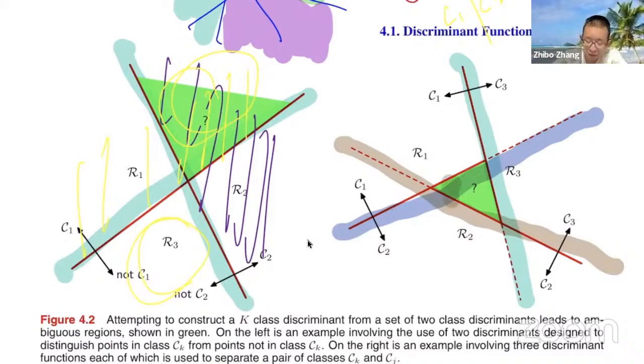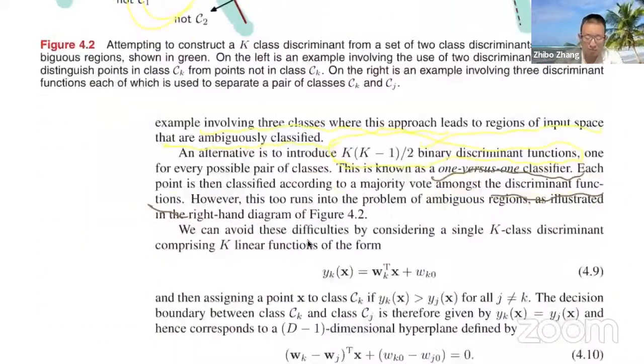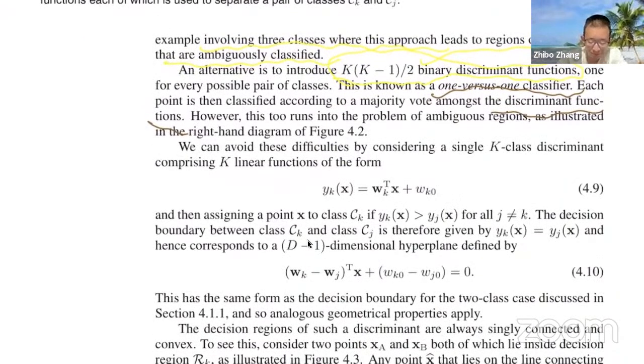But the center part, according to this decision boundary, should be C3, according to this decision boundary, should be C1, and according to this decision boundary, should be C2. Again, it's ambiguous.